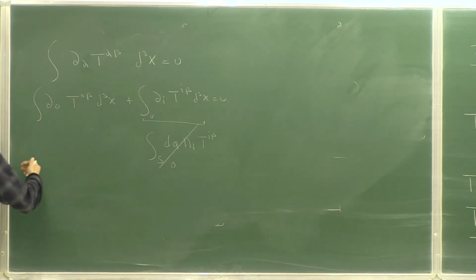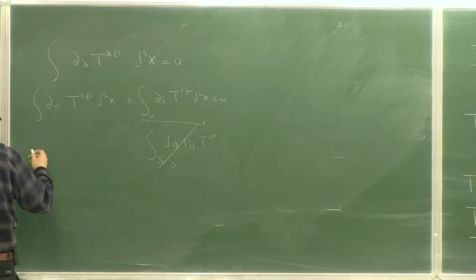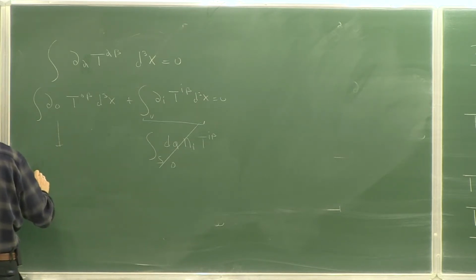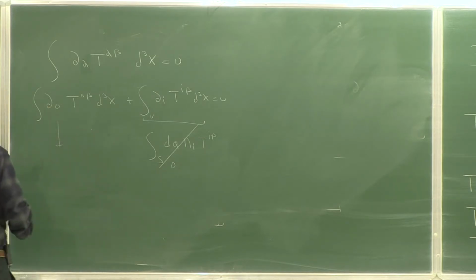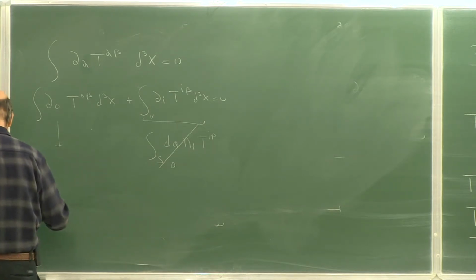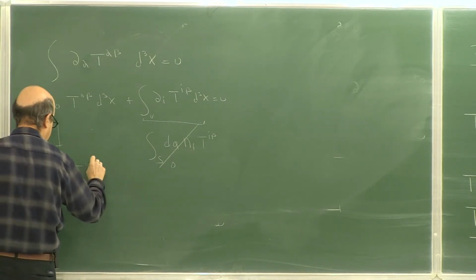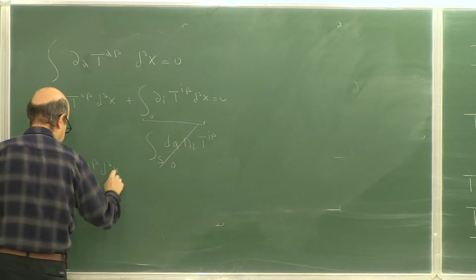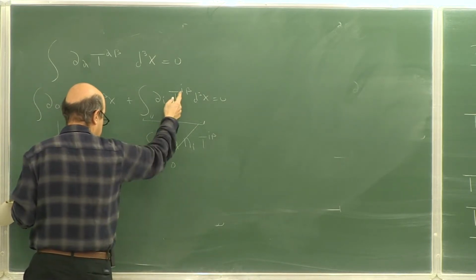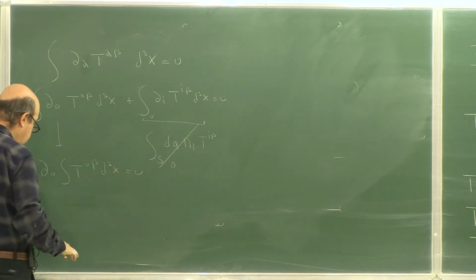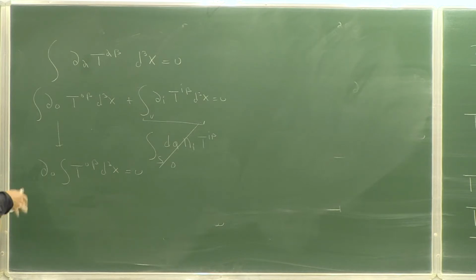How about the first piece? That is equivalent to del over del t of the integral of T0 beta d cube x, which has to be equal to 0 because this follows from the divergence theorem. If you take the volume integral, everything depends on time, so you don't have to write the partial derivative of time.